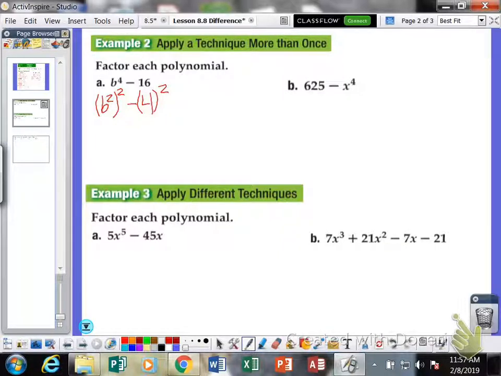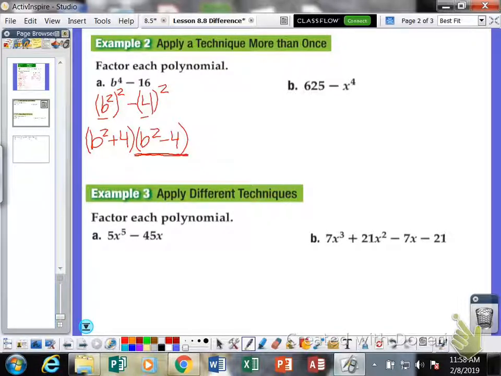Okay, well, taking these terms that are inside the parentheses and using that formula again from the first slide, rewrite it as b squared plus 4 and b squared minus 4. Now notice again, I can take perfect squares of both b squared and 4 in just my parentheses with the minus, because again, we're looking at the difference of perfect squares, so just the minus.